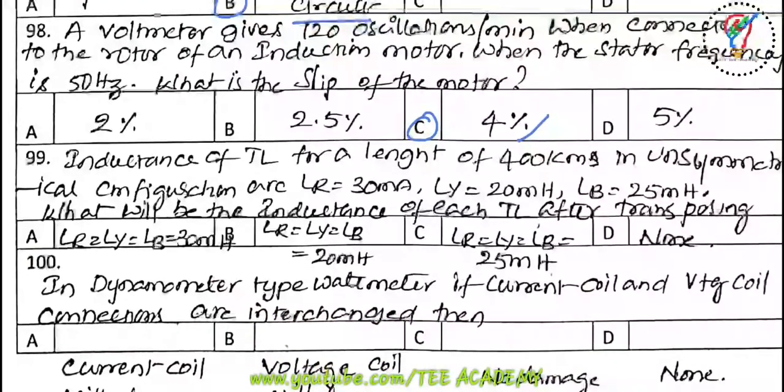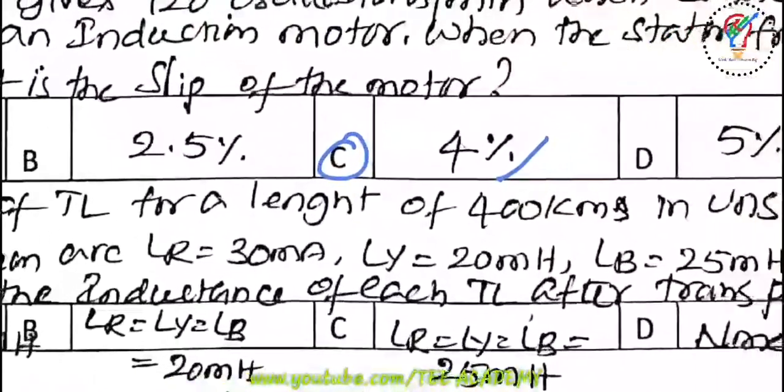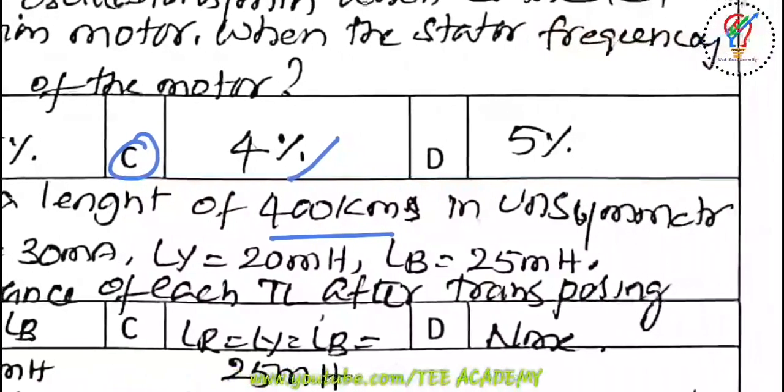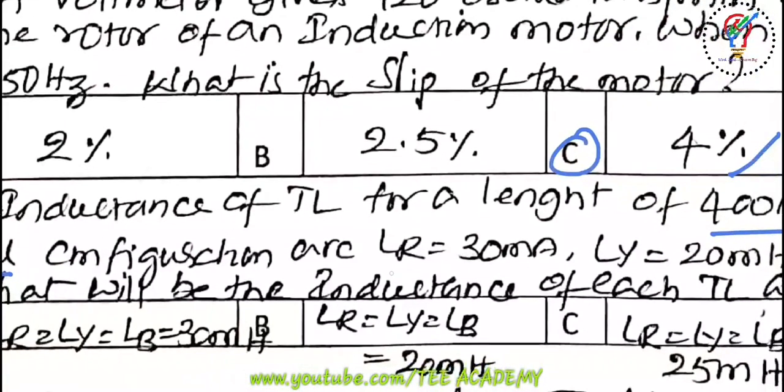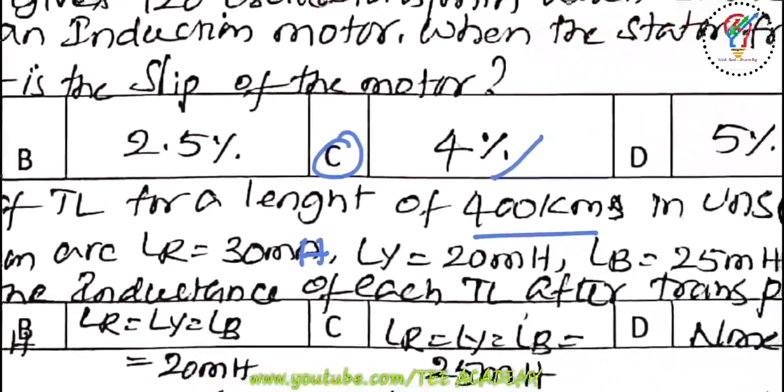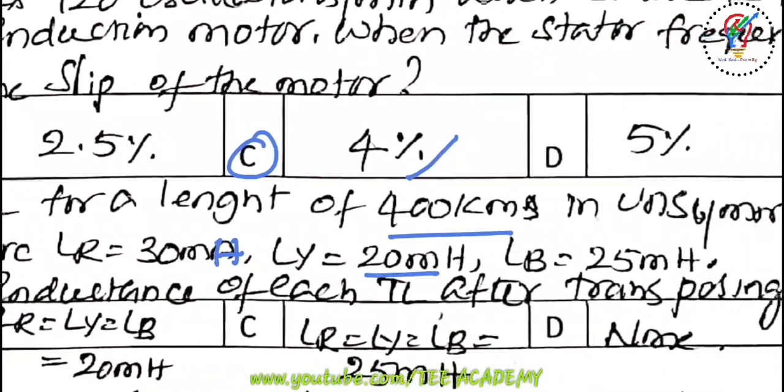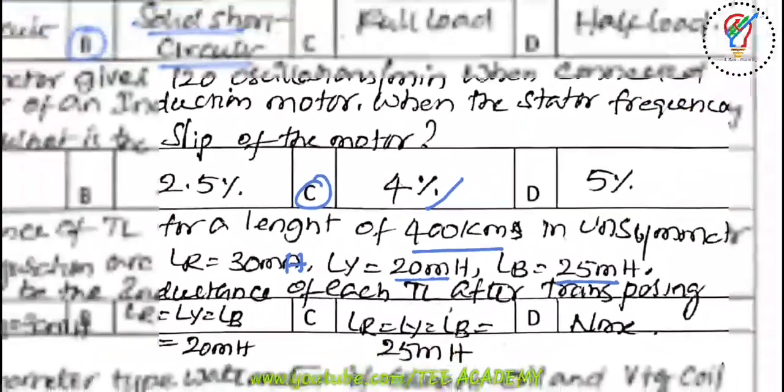Next one, the inductance of a transmission line having a length of 400 kilometers in unsymmetrical configuration, where Lr, the inductance of the cable, is 30 millihenry, Ly is 20 millihenry, and Lb is 25 millihenry.